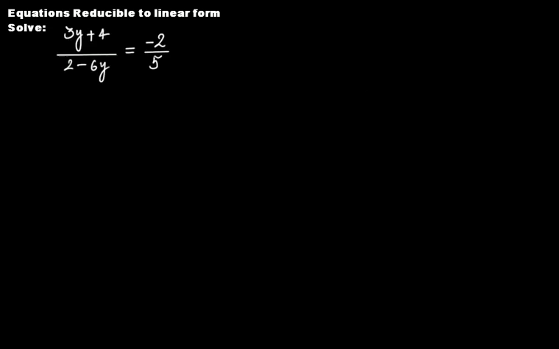Okay, let's solve this one. Here we have (3y plus 4) divided by (2 minus 6y) is equal to minus 2 by 5. Again, think that it is of the form p by q, and do the cross multiplication. So if you cross multiply it, this is 5 times (3y plus 4) is equal to minus 2 times (2 minus 6y).